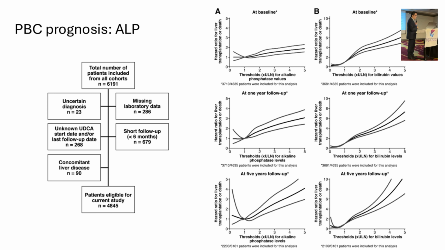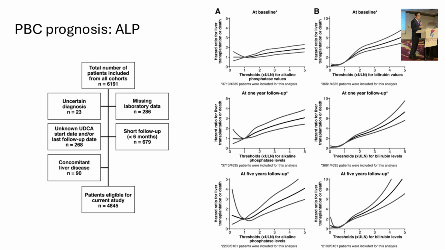They have a total of 6191 patients, and among them, after exclusion, they found close to 5,000 patients and followed them over time and asked the question, what are the markers that are most associated with their prognosis? Panel A is at baseline, 1-year follow-up and 5-year follow-up looking at alkaline phosphatase.